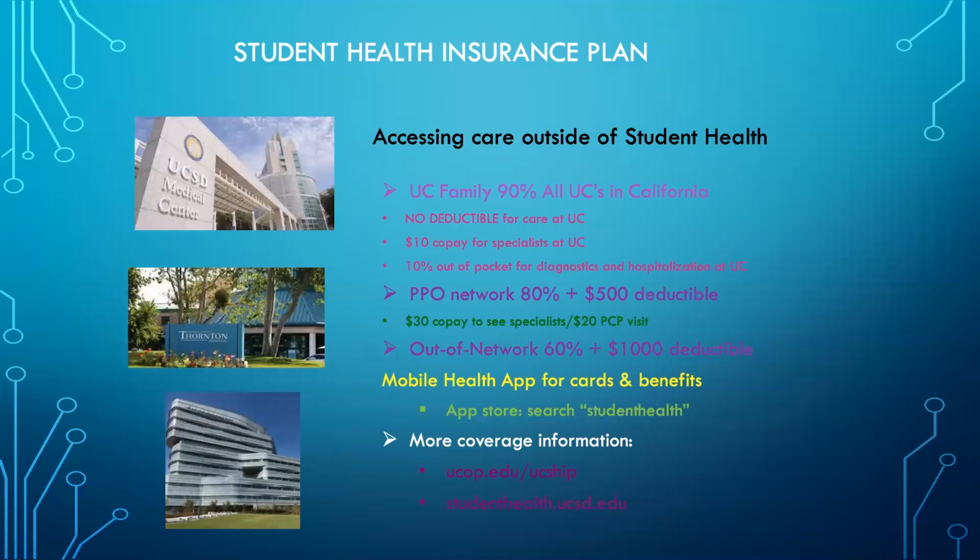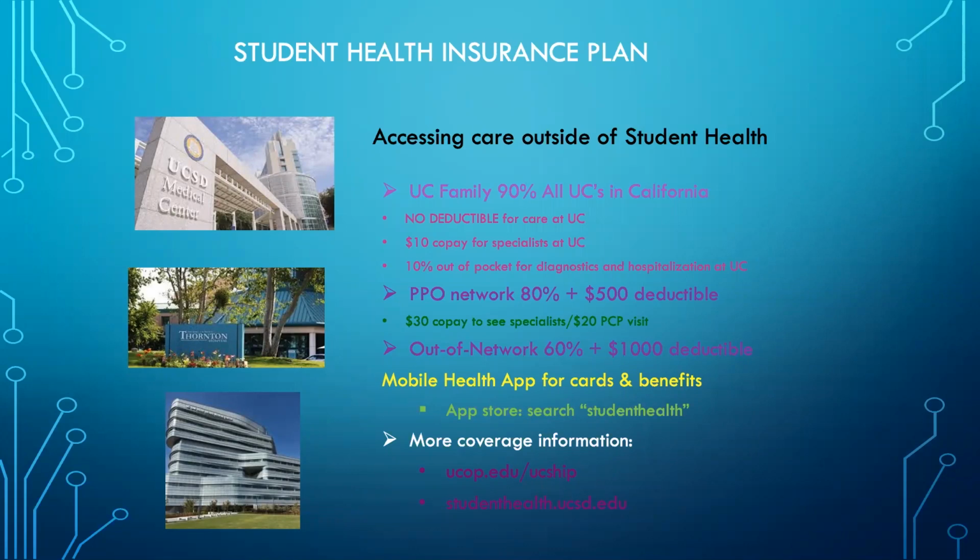The plan is managed by Anthem Blue Cross PPO, and it offers 3 tiers of coverage, and that provides you the choices for care depending on where you want to go. Under our first tier of benefits, we're lucky enough in La Jolla to have 3 supporting UC hospitals very close to us.